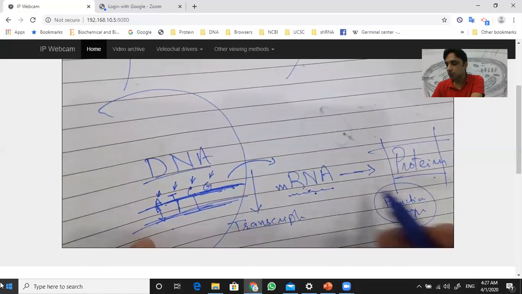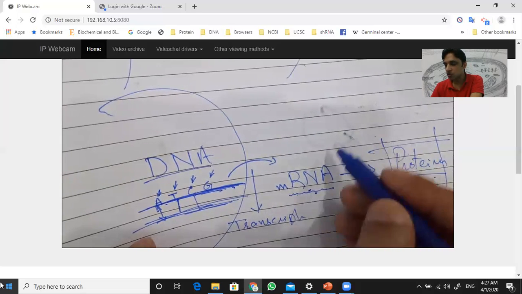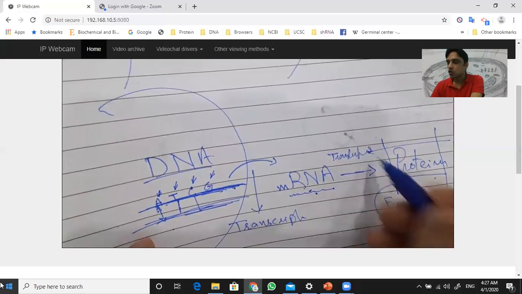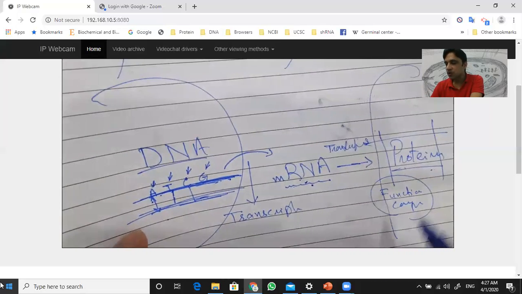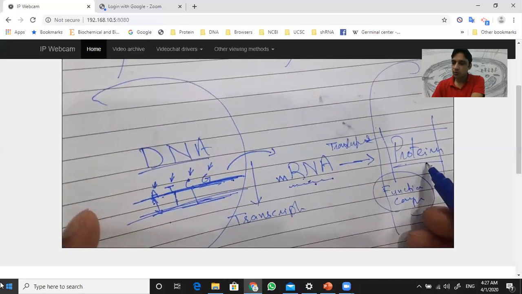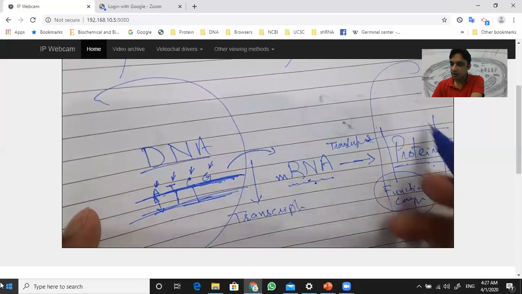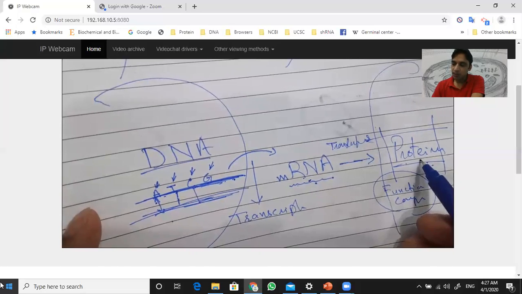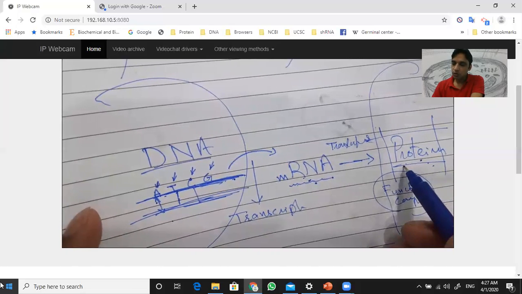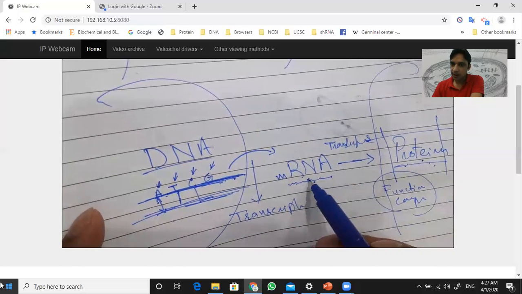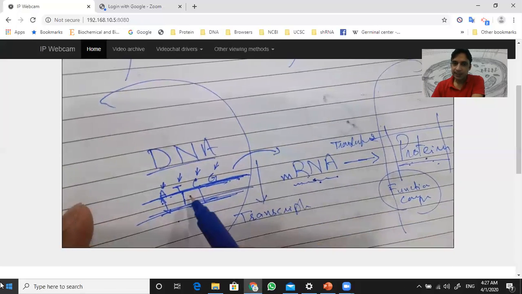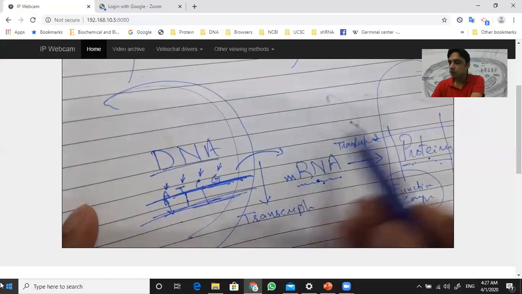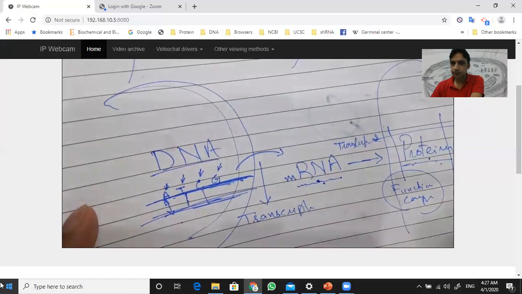The creation of protein from the messenger RNA is called translation. Once the protein is there, the function will be executed. So the function of a cell is executed through proteins, and the proteins are created through different types of messenger RNA produced by the DNA. That is how the nucleus can control the functions of the cells.